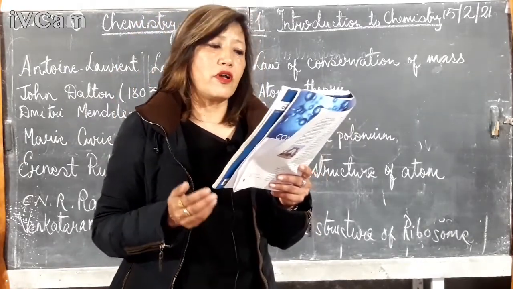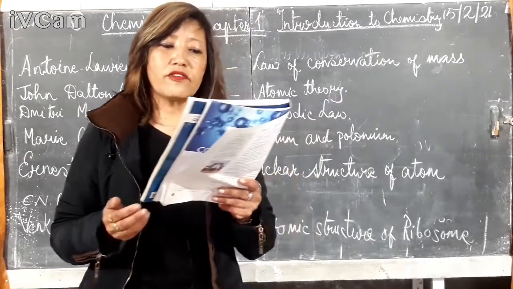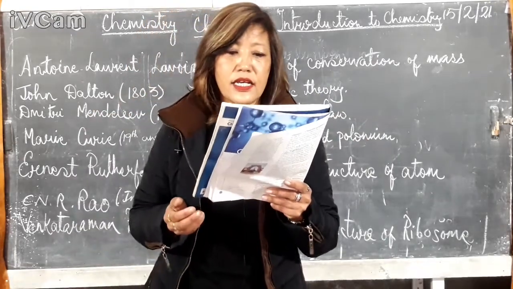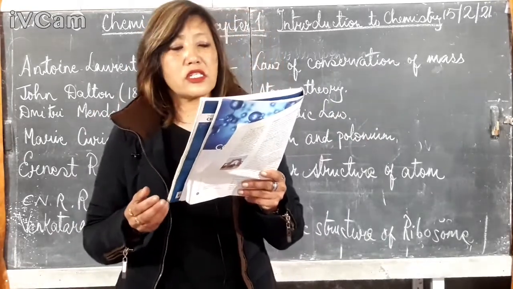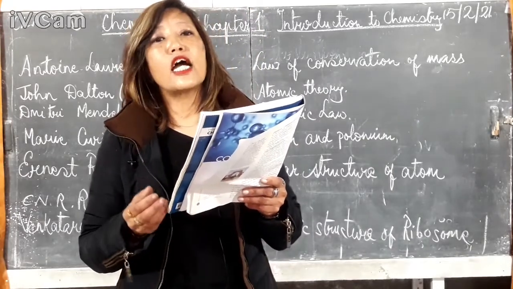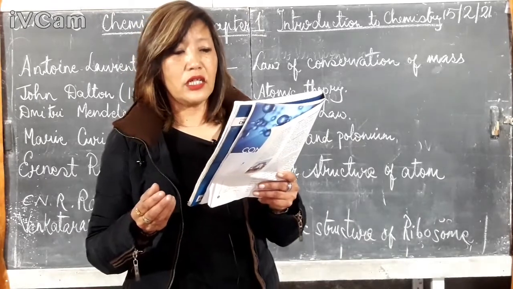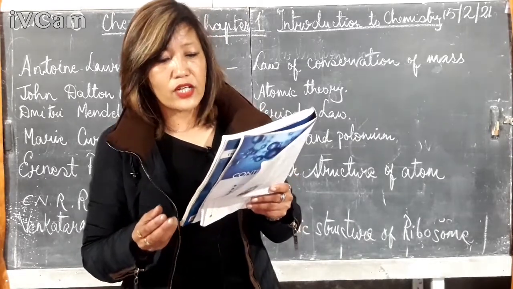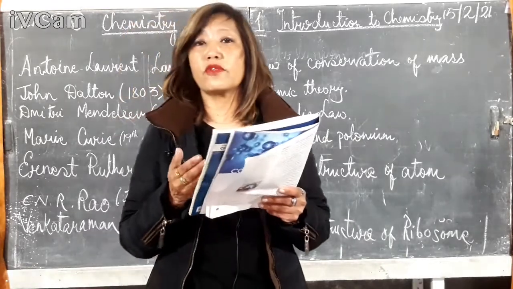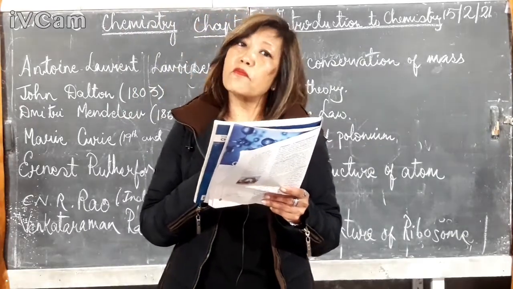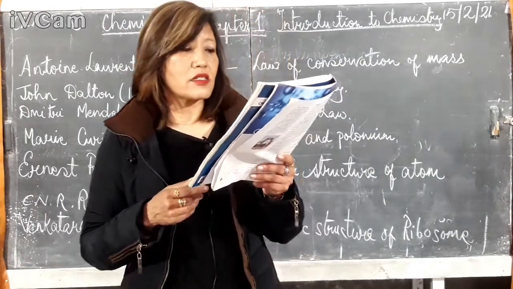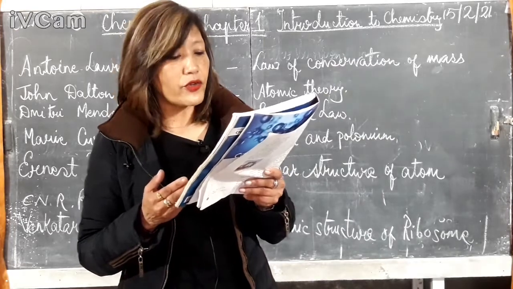Then Joseph Priestley discovered 10 gases, including oxygen, sulfur dioxide, and carbon monoxide. Then Antoine Laurent Lavoisier named oxygen and hydrogen, and he also developed the law of conservation of mass. Then John Dalton proposed the atomic theory.